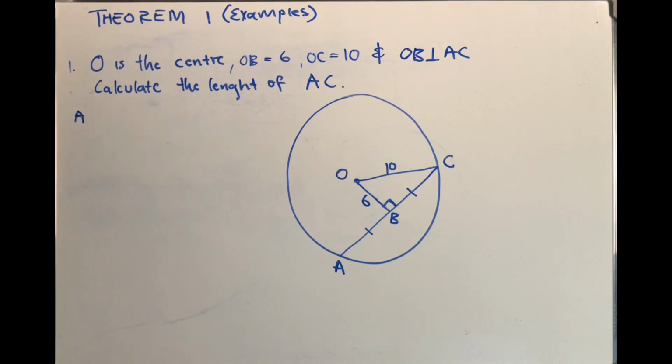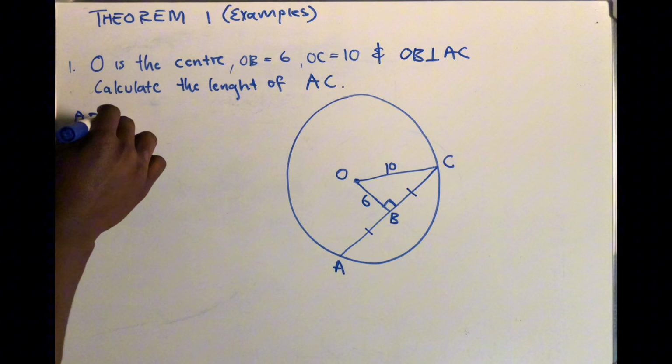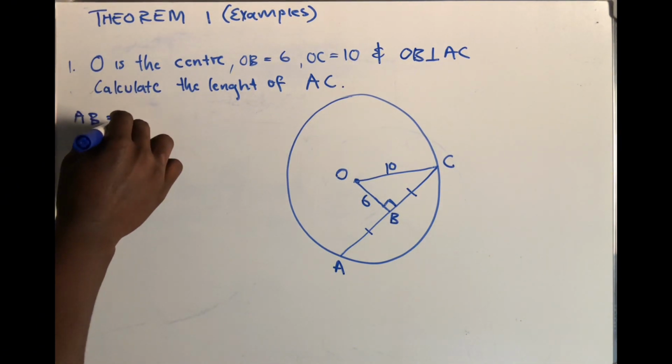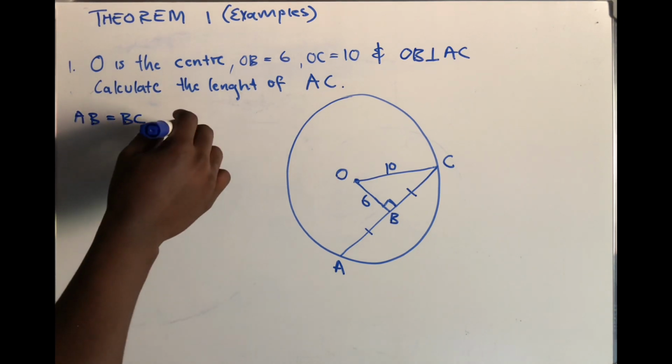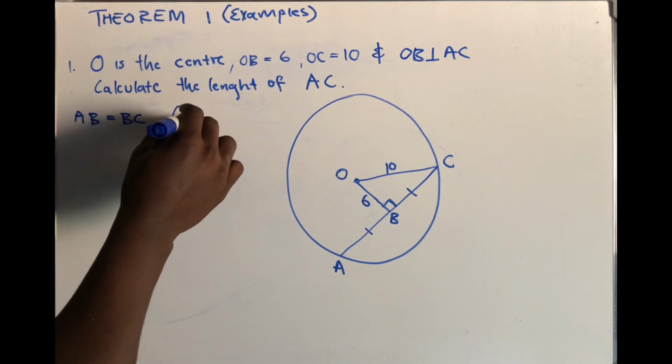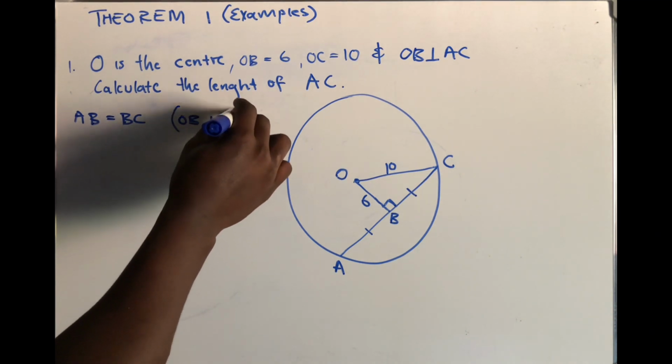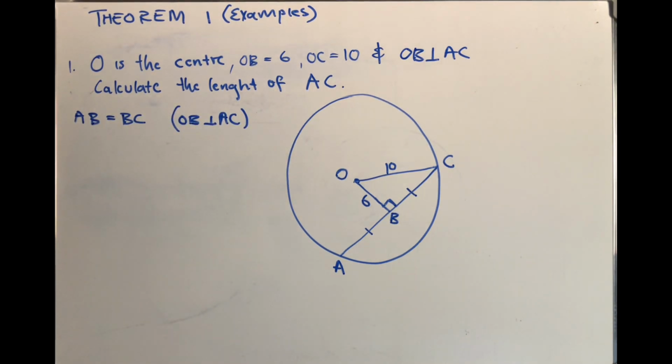Write that down. AB is equal to BC. Your reason is that OB is perpendicular to AC.